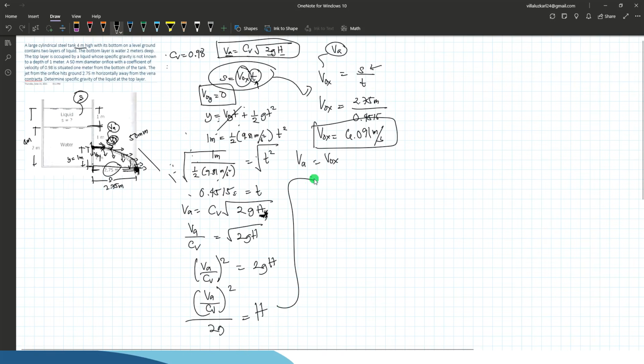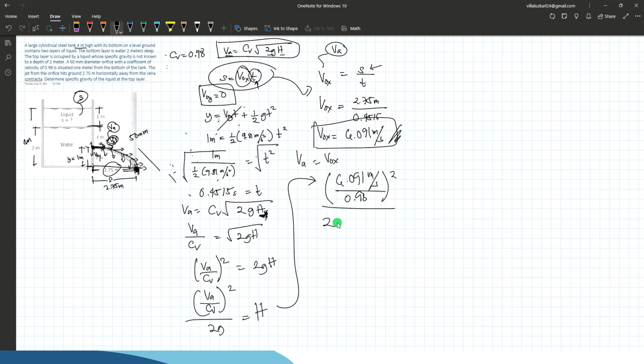The given actual velocity is 6.091 meters per second divided by Cv, 0.98, squared, divided by 2g, 2 times 9.81 meters per second squared. That's your h. So solve that.